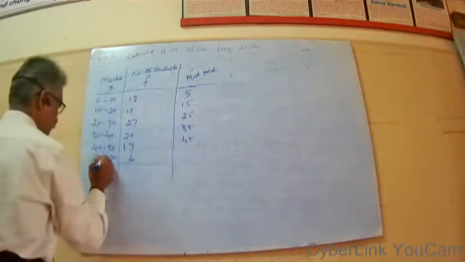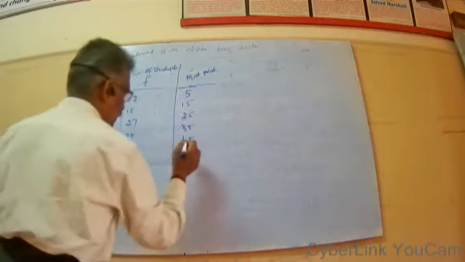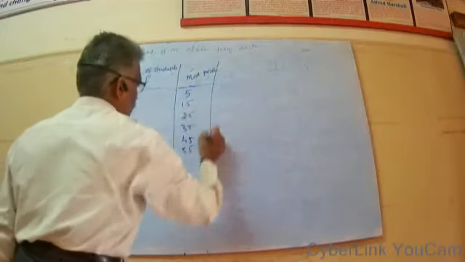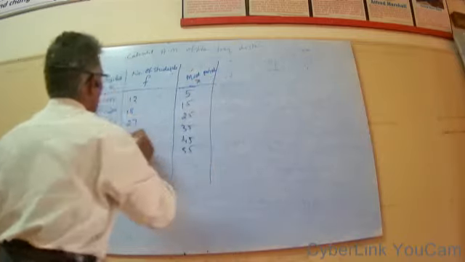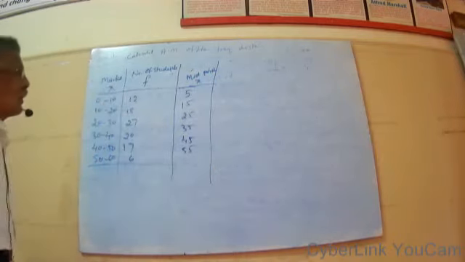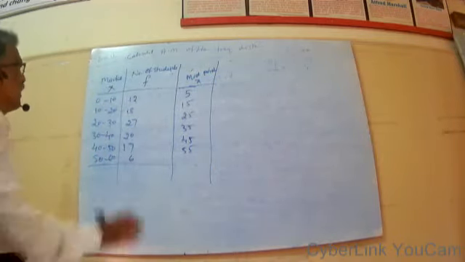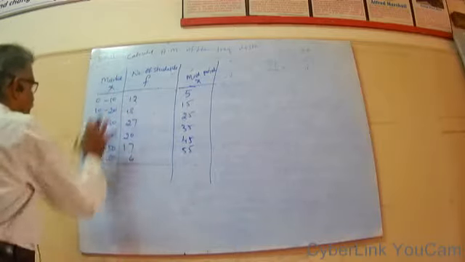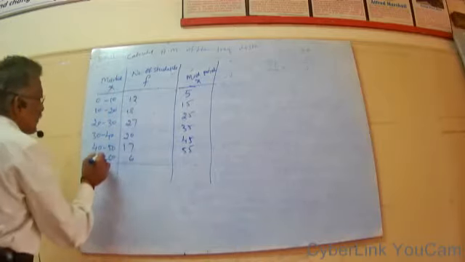And 50 plus 60 divided by 2 means 55. These are now your x values. Whenever the class is given as a continuous class, you have to make this conversion.